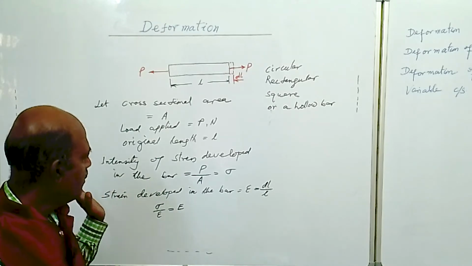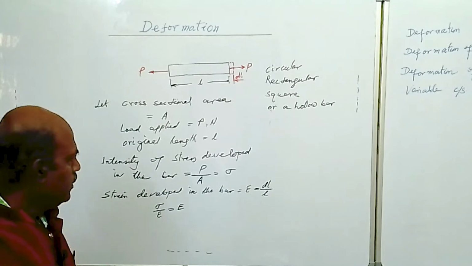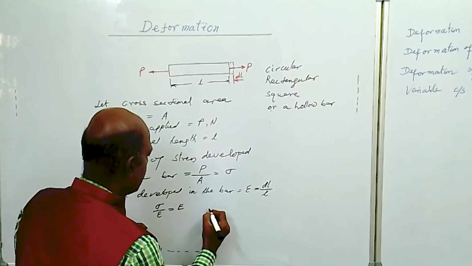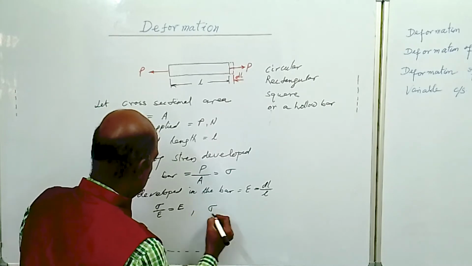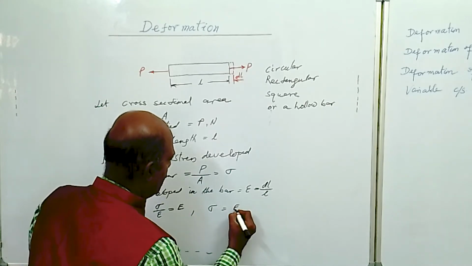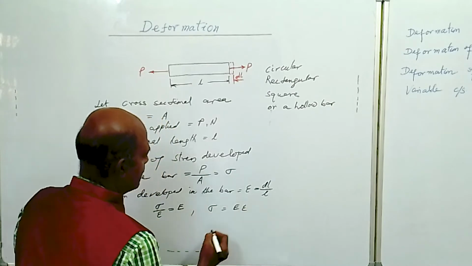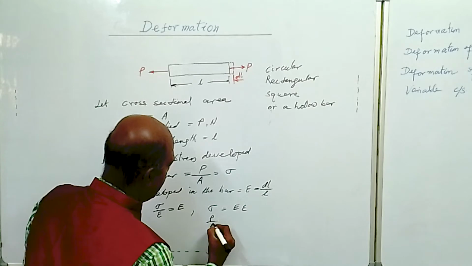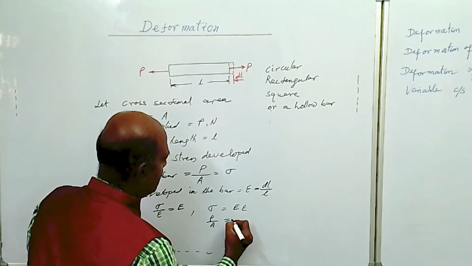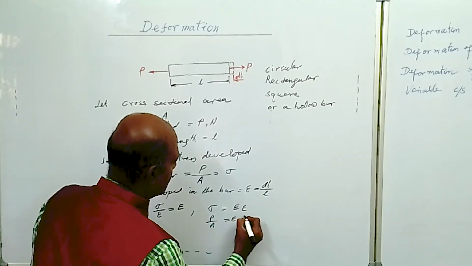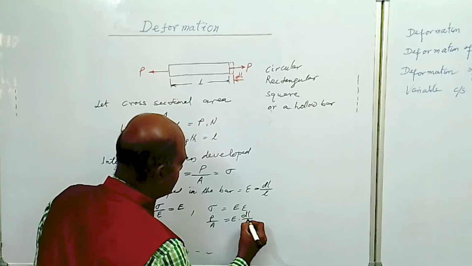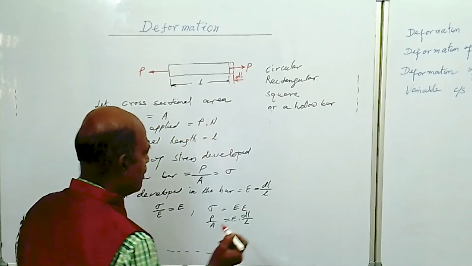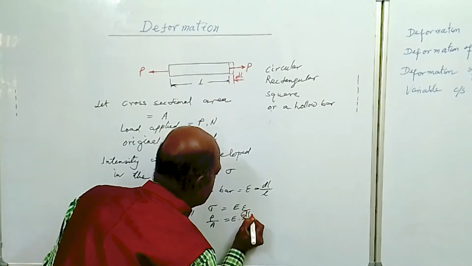Okay, so sigma by epsilon is equal to E, or we can write sigma is equal to E into epsilon, or sigma is equal to, we can write P by A is equal to E is a constant into epsilon is equal to dl by L. So from here we can find what is called dl.